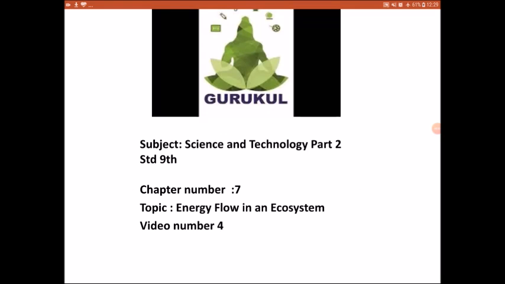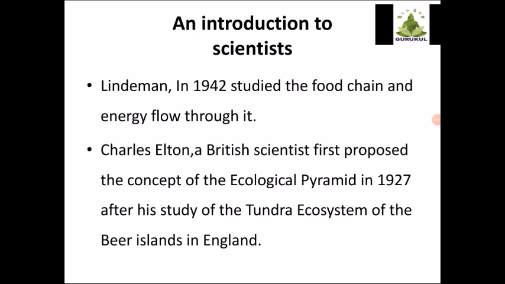Welcome back, students. Now in this session we are going to study the introduction to the scientists. Lindemann in the year 1942 studied the food chain and energy flow through it. Charles Elton, a British scientist, first proposed the concept of the ecological pyramid in the year 1927, after his study of the tundra ecosystem on the Bear Islands in England.